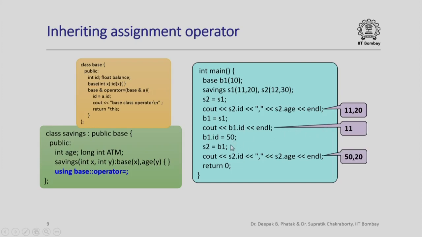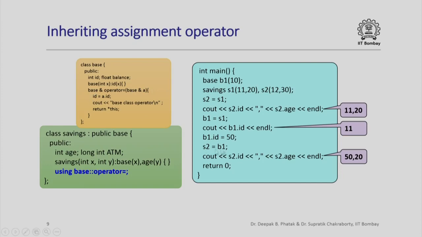This is the same assignment we saw earlier, and now this is an assignment of an object of the base class to an object of the derived class. Normally this is not allowed, but here because we have explicitly said that we want to inherit the assignment operator of the base class over here. So now when I invoke S2 dot operator equal to with the argument B1, I can use this assignment operator of the base class which accepts an argument of the base class.